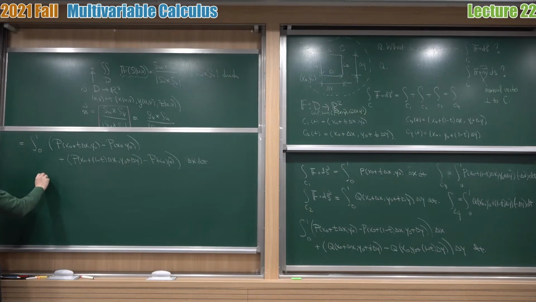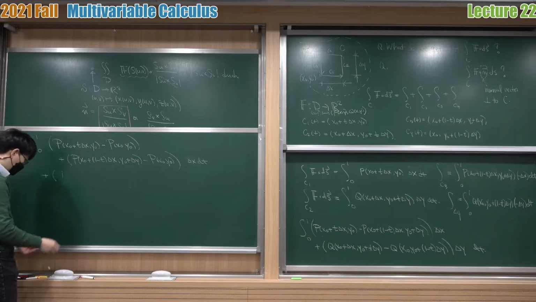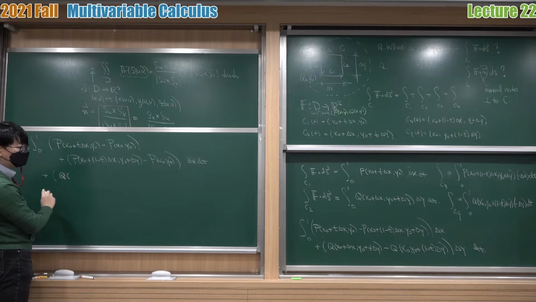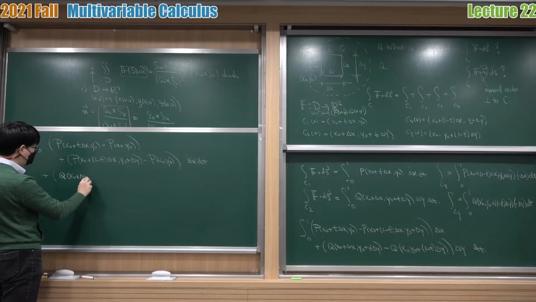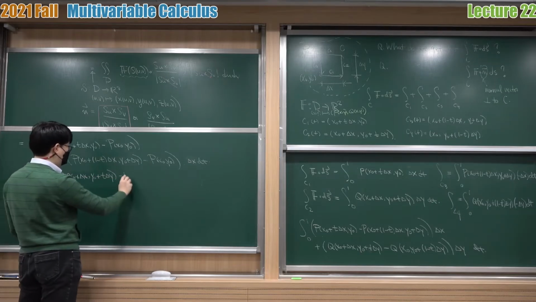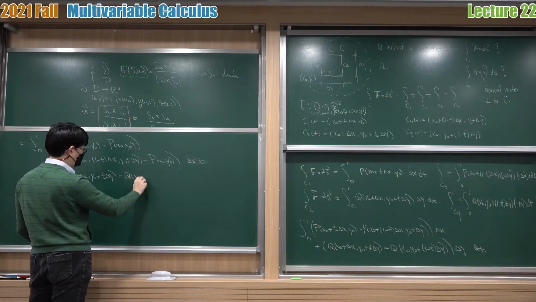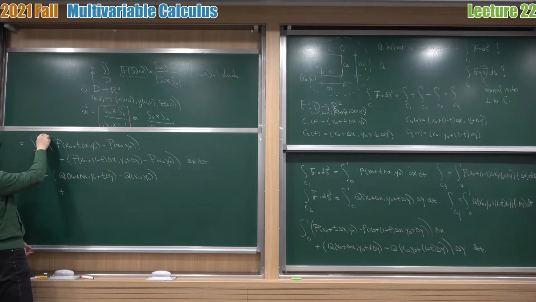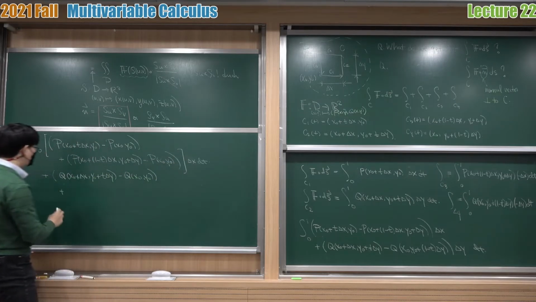Okay, and then I'm going to do something similar to the second part. So I'm going to subtract Q. Q(x0 plus delta x, y0 plus t delta y) minus Q(x0, y0), and maybe here's delta x.